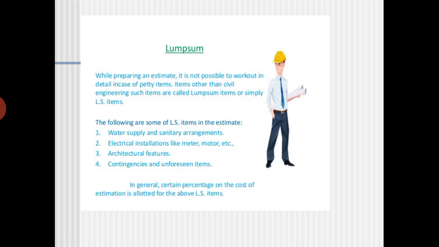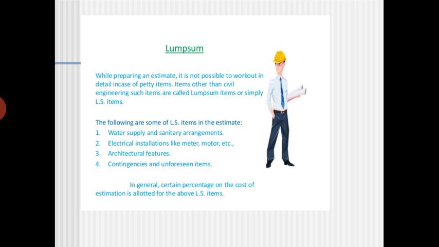So, normally, other than the civil engineering structural related elements which we are calculating, some of the other things like water supply and sanitary requirements, electrical installations, some of the architectural features, and some of the contingencies which are not included in your estimation have to be taken care of. That will be considered as the lump sum requirement of the building estimate.